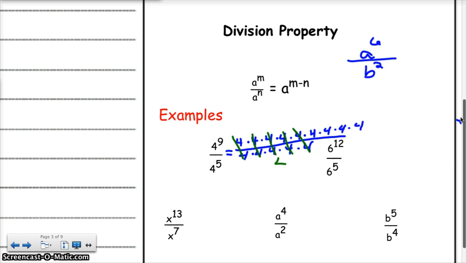I'm left with 4 to the 4th. Now think to yourself, 9 minus 5 is equal to 4. If you ever get confused with why this is true, why am I subtracting them, you can always go the expansion route. This would equal 6 to the 12 minus 5, which is equal to 6 to the 7.